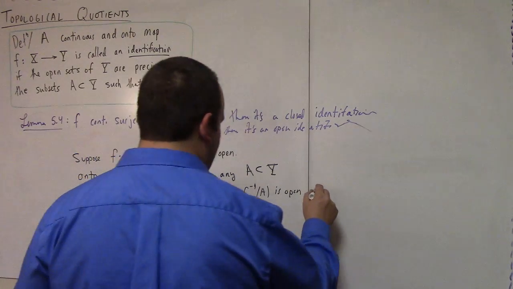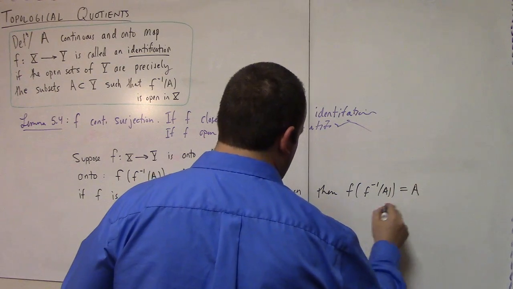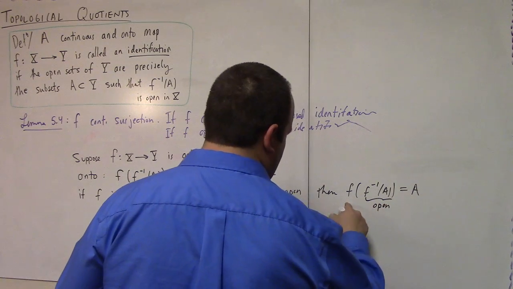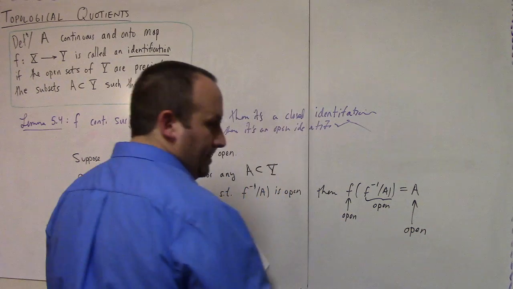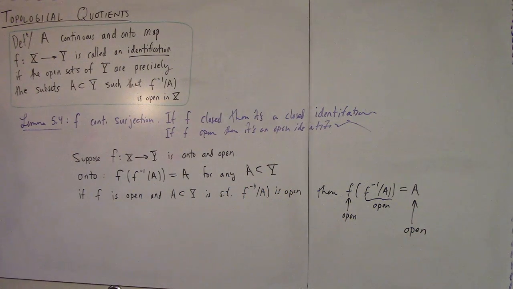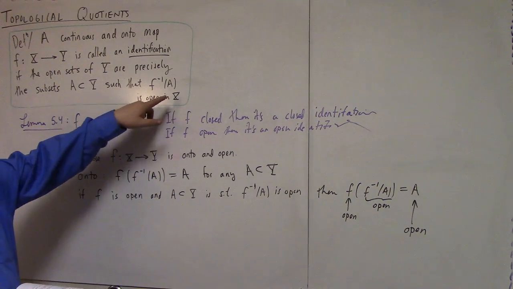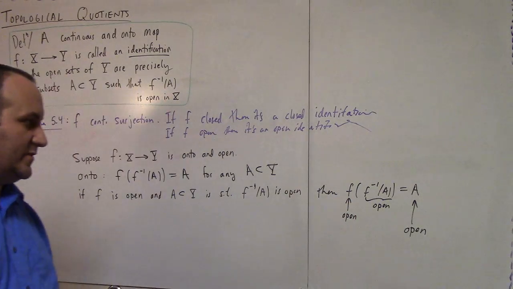Then F of F inverse of A is equal to A, but this is the continuous image, so this is open, and this is an open map, so that means that is open. Which is what we need in order to show that it's an identification, right? The open sets of Y are precisely the subsets of Y such that they're the inverse image of some open set in X. In this case, just F inverse of A is that open set.